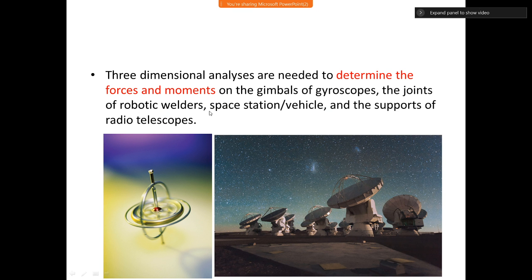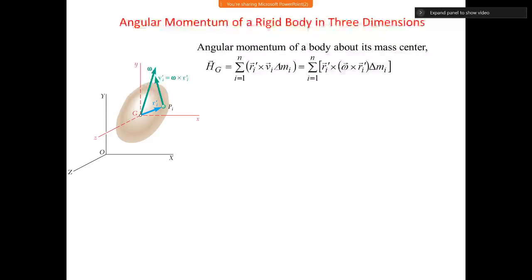Also robotic arms, space stations, vehicles, supports of radio telescopes and so on. Any complicated 3D structure is going to have its motion described by the equations that we will see in this chapter.